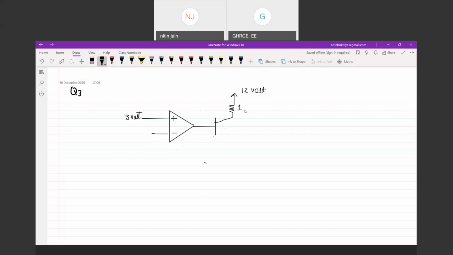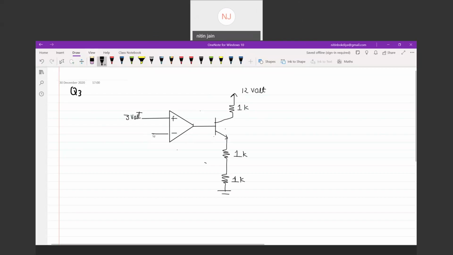This is 1K, and one emitter terminal is there. And feedback is provided by a voltage divider. So I can say this will be the feedback.